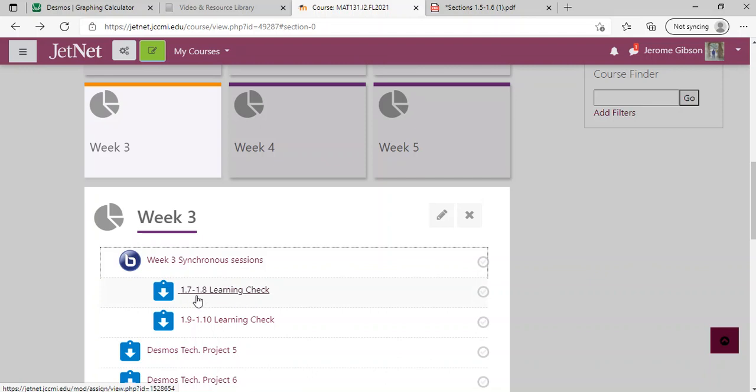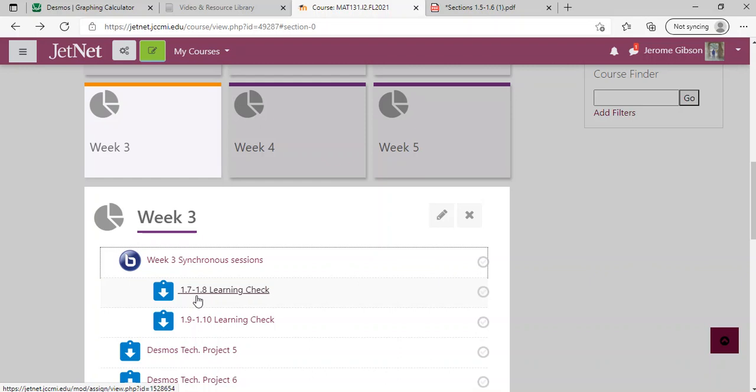So I would want you to look at 1-7 and 1-8 as far as the material. Look at those videos, get the notes, and then come to class ready to do some work. Now, do not, and I repeat, do not download the worksheet for 1-7 or 1-8 until tomorrow, because I have to upload the worksheet for 1-7 and 1-8. So remember, you'll watch the videos for 1-7 and 1-8, and then you will download the worksheet tomorrow.